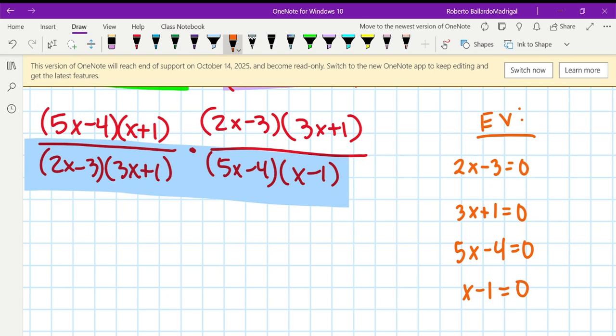Once again, you're finding the EVs for all 4 of these. Go ahead and do that right now, please. Once you find these excluded values, you can cancel it out.